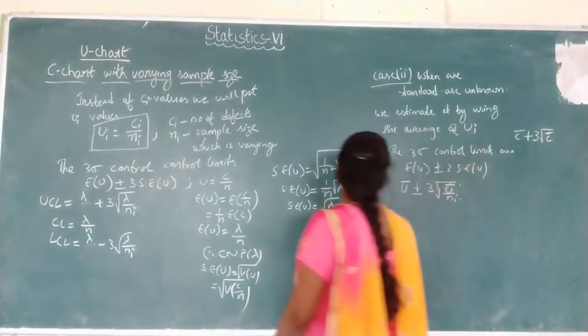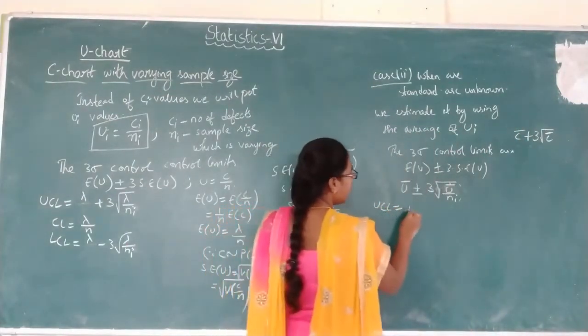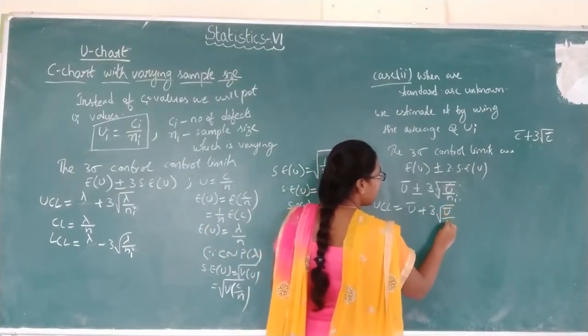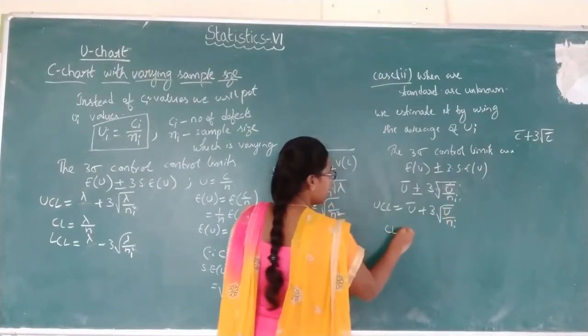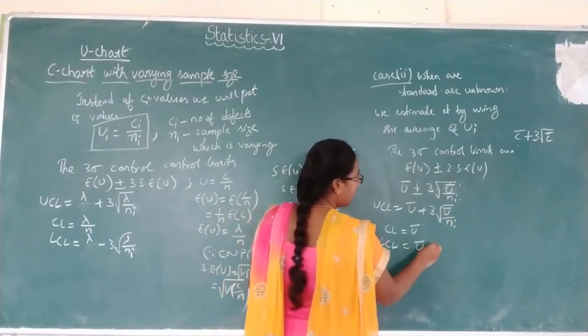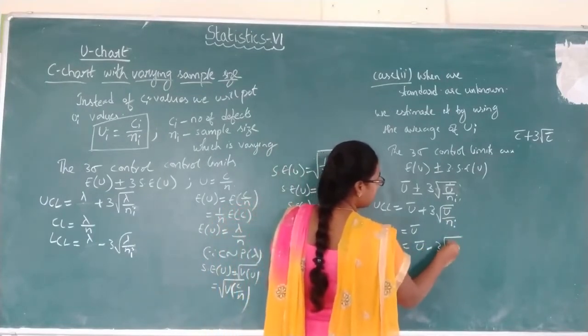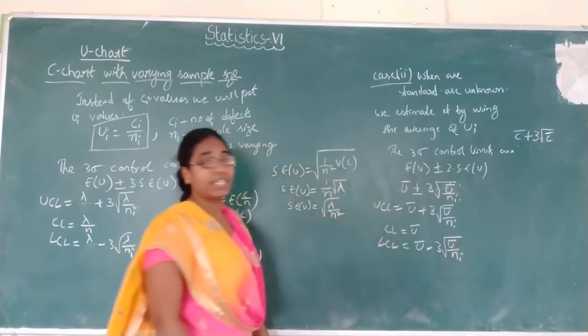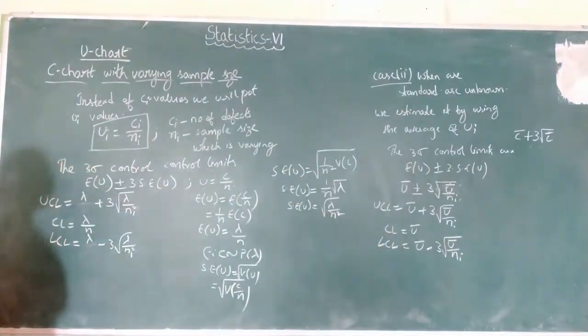So what is the UCL value? UCL equals u bar plus 3 under root u bar by ni, CL equals u bar, and LCL equals u bar minus 3 under root u bar by ni. So these are the required control limits for case 2 under the U chart.